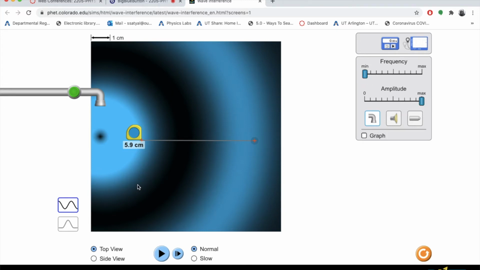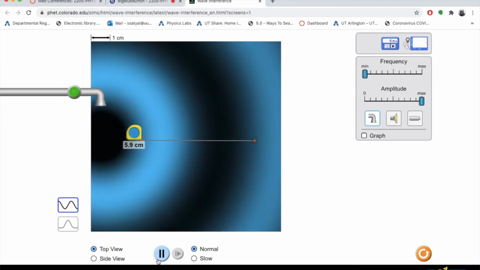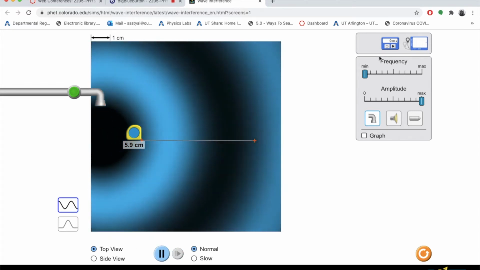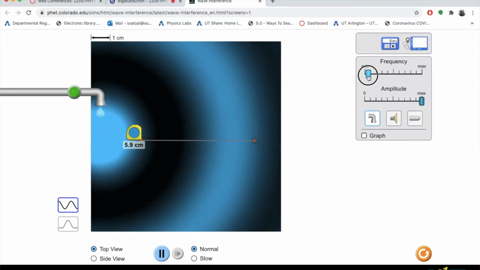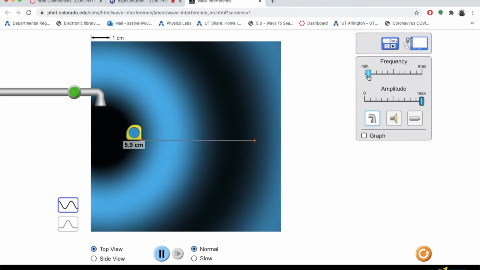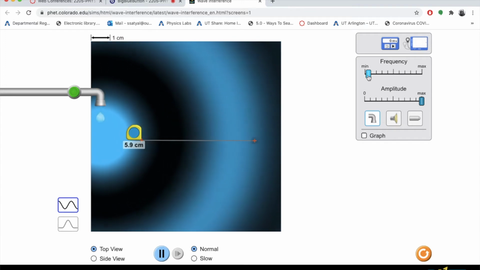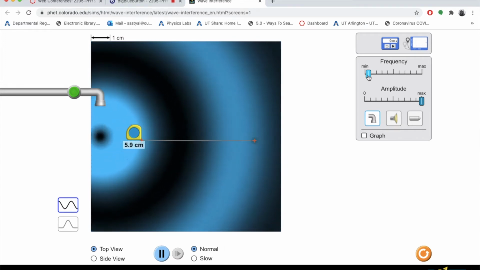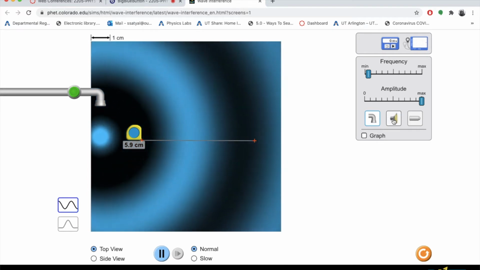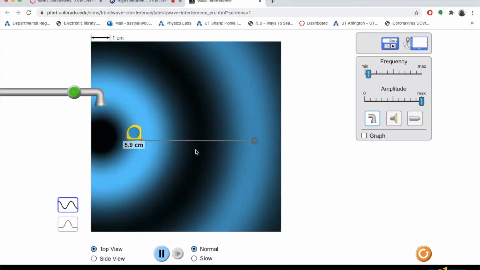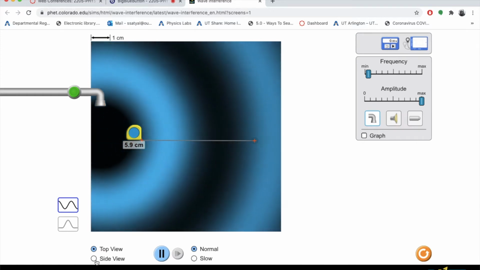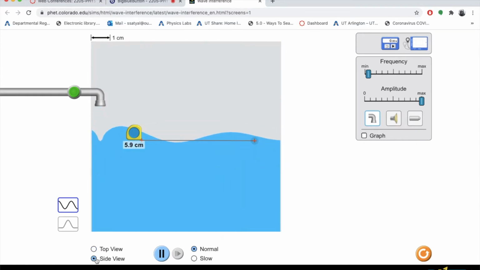Okay, and yeah, or you can also measure the dark bands here.